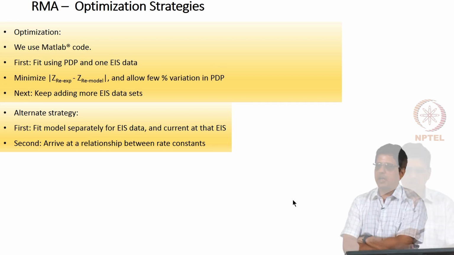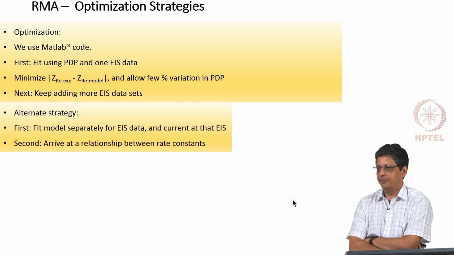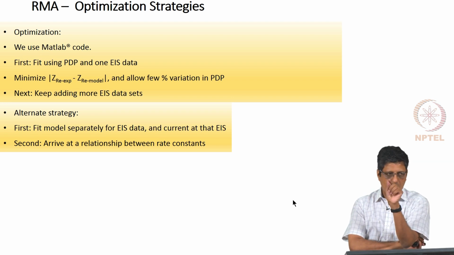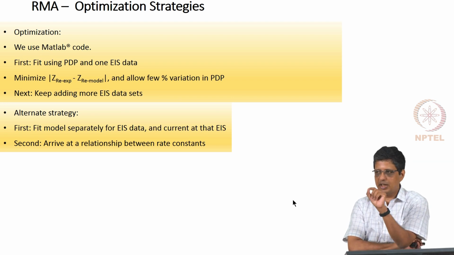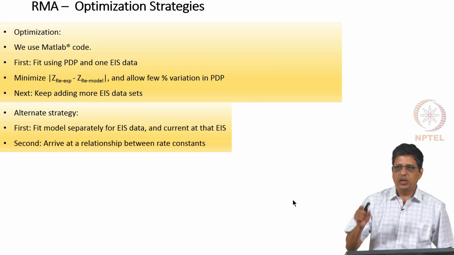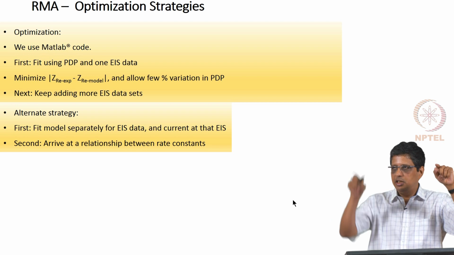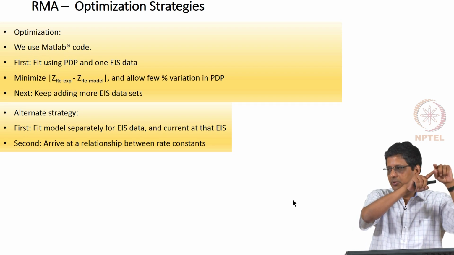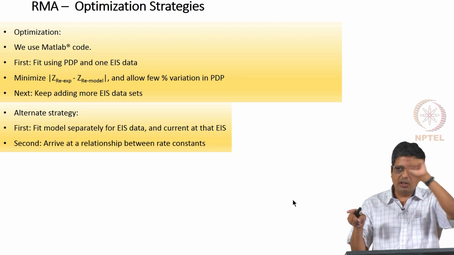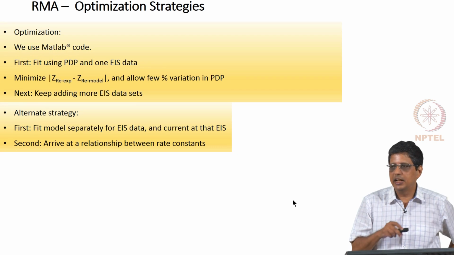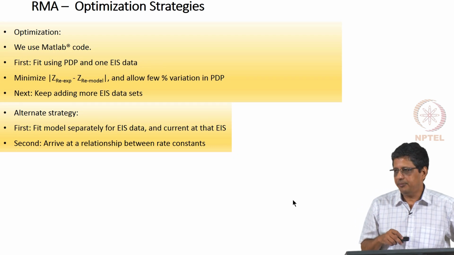But I do not think it is a good idea, because you are not predicting the current at the intermediate values. If I predict only 3 points, the curve may go like this, or it may go like this also. Just by fitting 3 points I cannot say with confidence that the entire curve will match correctly.